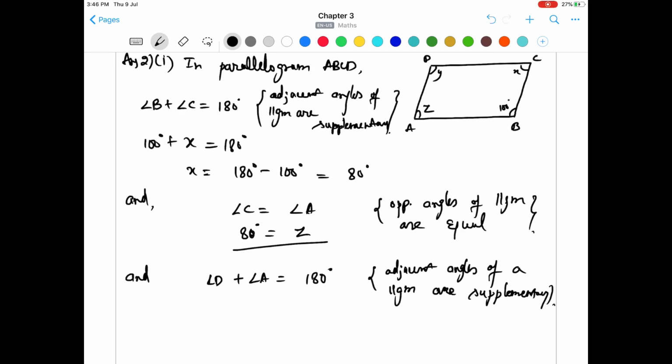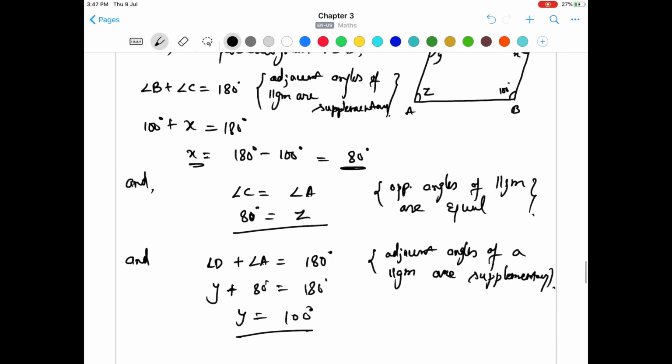Therefore, angle D we have y, angle A we have calculated, which is 80 degree, equals 180 degree, or angle y will be equal to 100 degree. So we have got the value of all three angles. Angle x is 80 degree, y is 100 degree, and angle z is 80 degree.